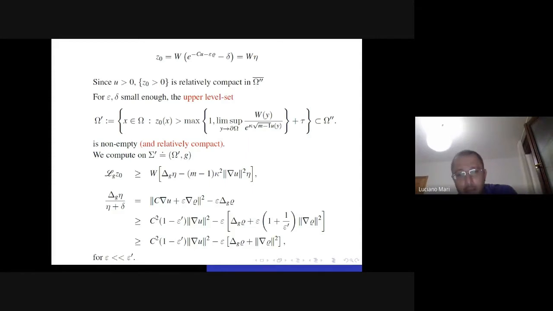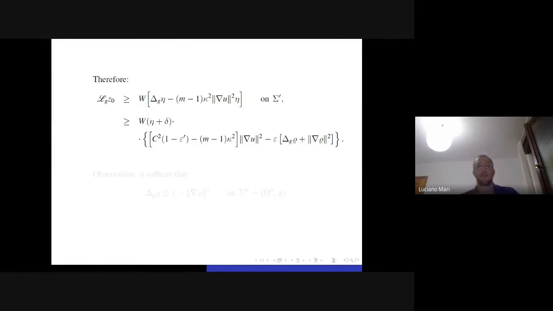That might be very big, but it's multiplied by epsilon squared. So now, if epsilon is sufficiently smaller than epsilon prime, so we will later choose epsilon prime and then at the end epsilon, we can say that the Laplacian of eta is no more than that positive quantity, basically C squared grad u squared minus epsilon Laplacian of rho plus grad rho squared.